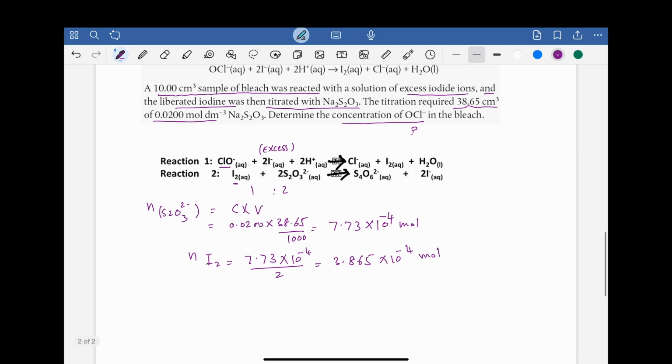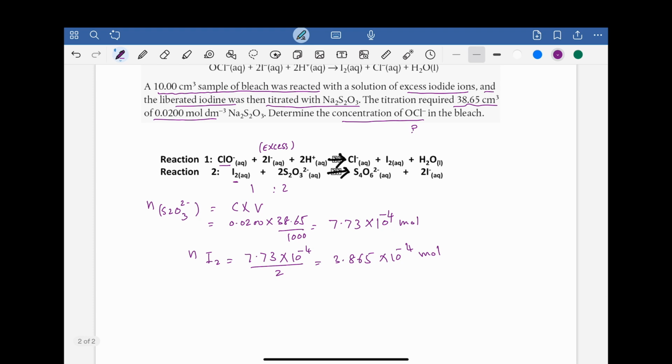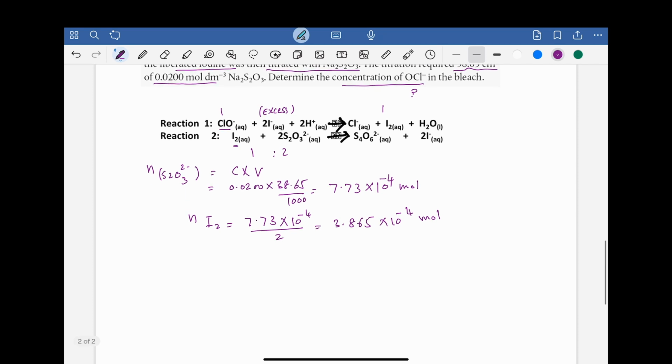Iodine is produced in the first step, and how much iodine is produced depends on ClO⁻, because that is the limiting reactant. Iodide is in excess, so the ratio is 1:1. Hence the moles of ClO⁻ will be equal to the moles of iodine.